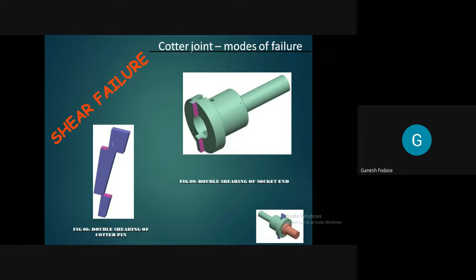The cotter will fail due to shearing. So there are three parts: this will go to this side, this will be here, and this will be here. Complete shearing will be there, so double shear will occur. Why am I saying double shear? At this portion one shear, at this portion another shear. Two-side shearing is called double shearing. It is also written here.